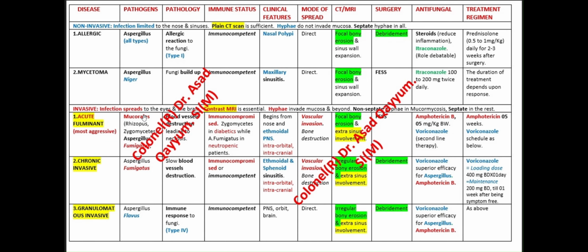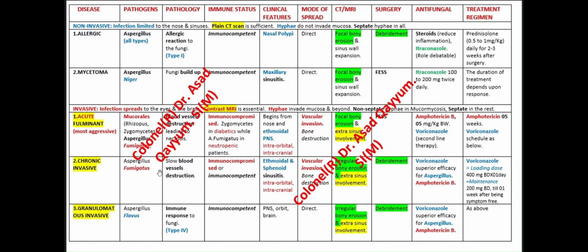In acute fulminant, the most common group of organisms belong to the group Mucorales, which contain Rhizopus and Zygomycetes. The second variety of the pathogenic organism belongs to the Aspergillus group of the fumigatus variety.